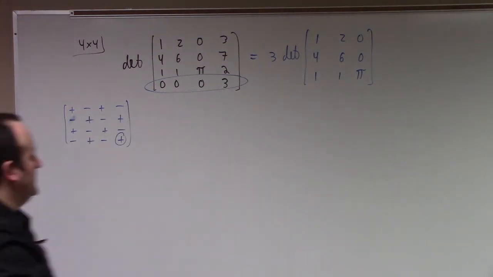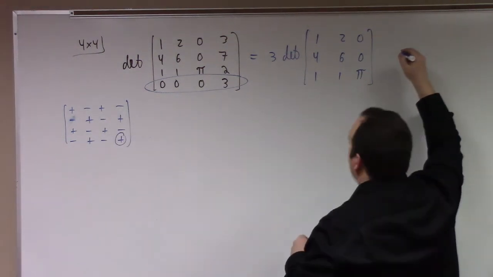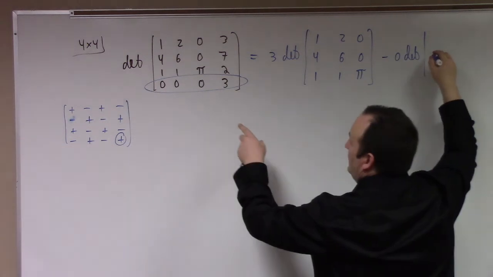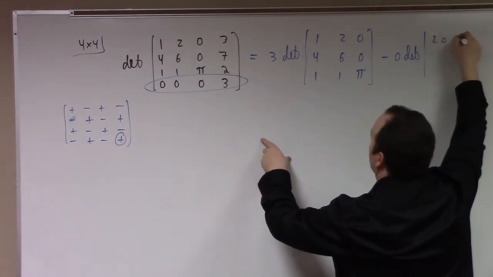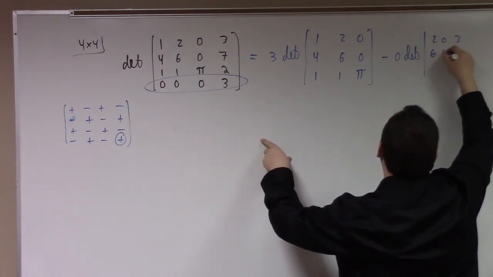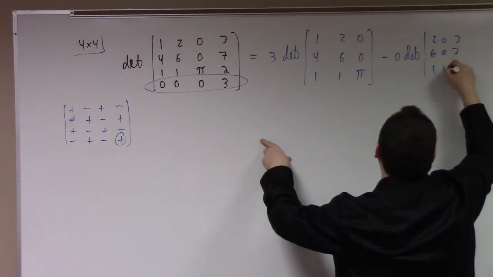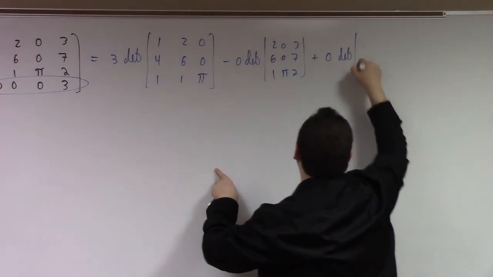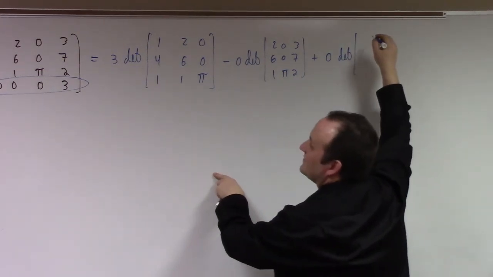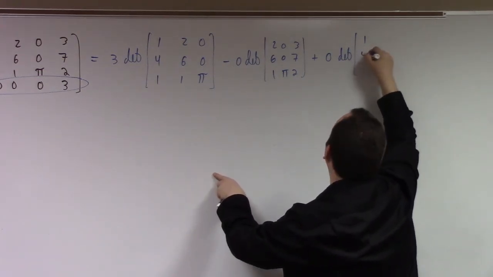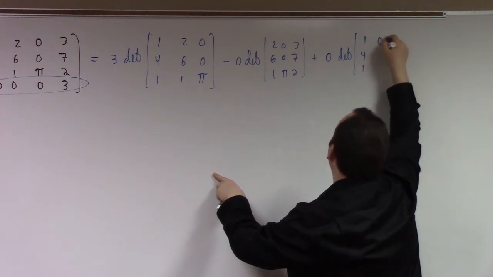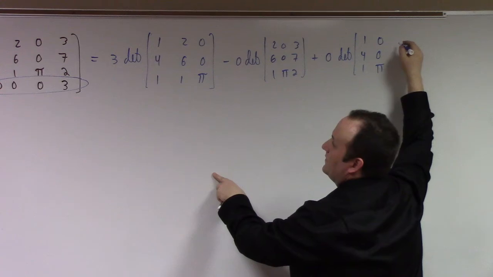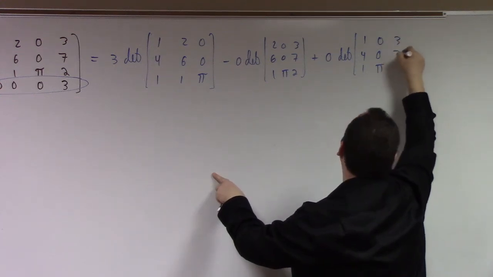And then, of course, to be fair, you also have minus 0 times the determinant of 2, 0, 3, 6, 0, 7... So everything I'm writing is not needed because these things are 0. 1, 4, 1, 0, 0, pi, 2, 3, 7, 2.